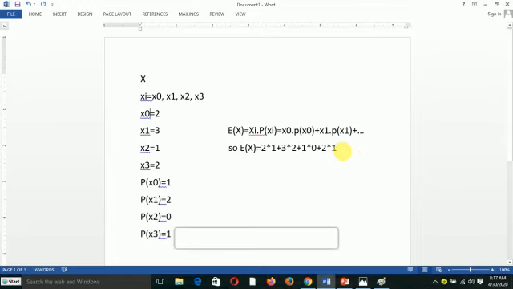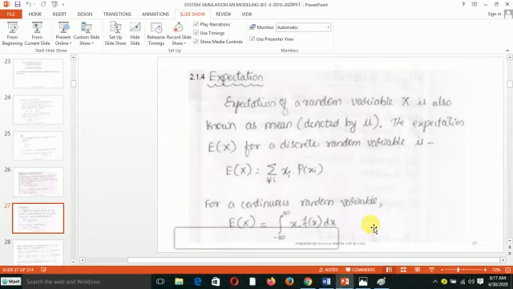So the summation will become the mean, or the expectation, or the average. So this is an example of this function. This will be for a discrete random variable. An expectation for a discrete random variable will be calculated like this.